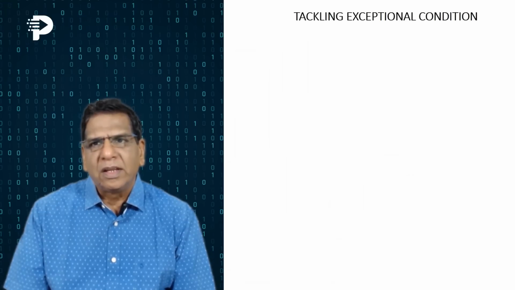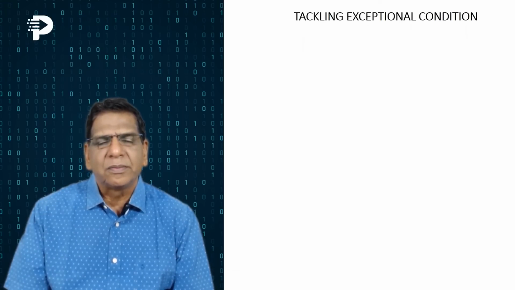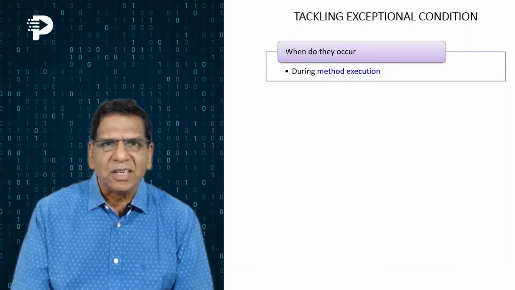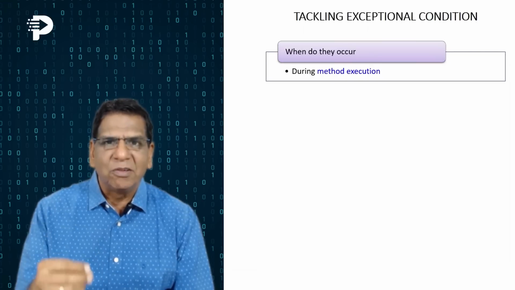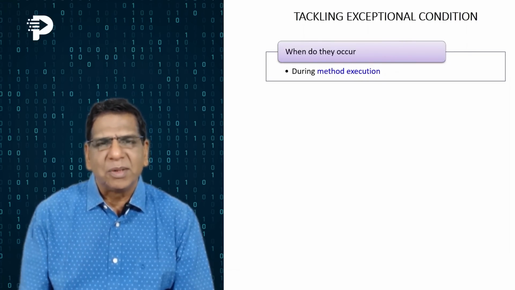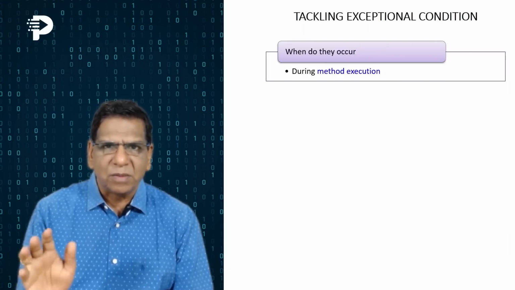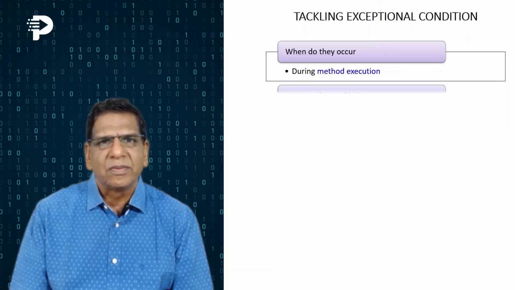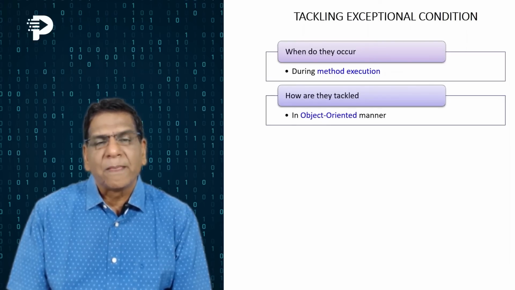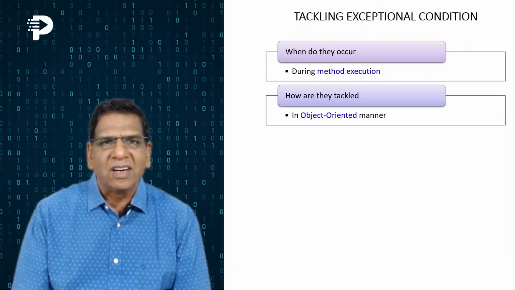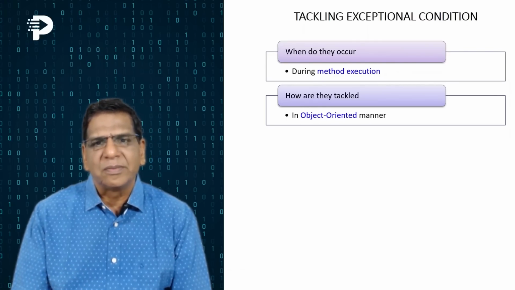Now, when an exceptional condition occurs, in Java programming, it will happen only when a method is being executed. Because at any given point in time during the course of execution of the program, some or the other method is being executed. So exceptions, if they occur, they will occur only when method execution is in progress. How do you deal with them? Well, in Java, everything you deal in an object-oriented fashion. So naturally, exceptions are also handled in an object-oriented fashion.